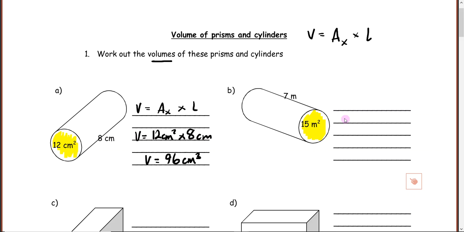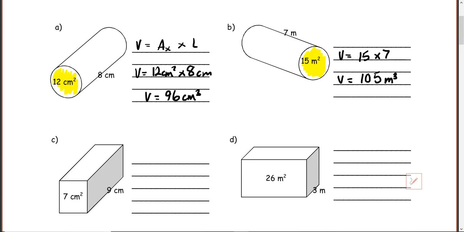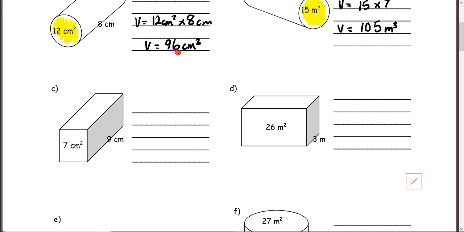So this one would be 15 times 7, which is 105 cubic meters. Okay? These ones, again, they've given you certain values. So we know the cross-section they want us to use is not the shaded one, it's actually the one they've given us the answer for.